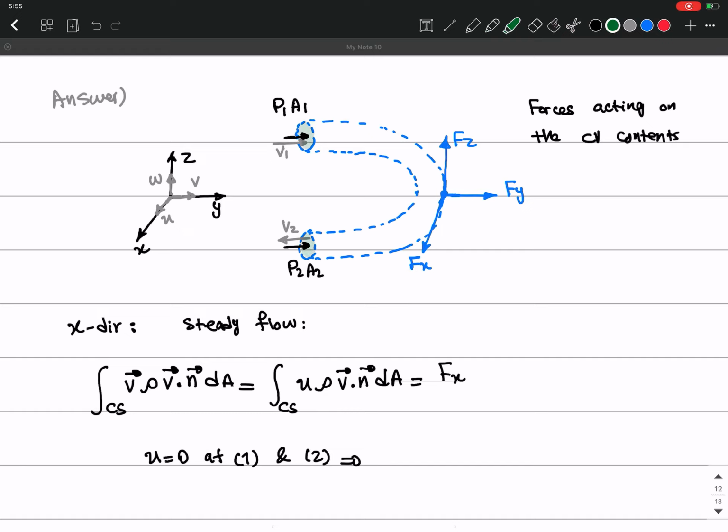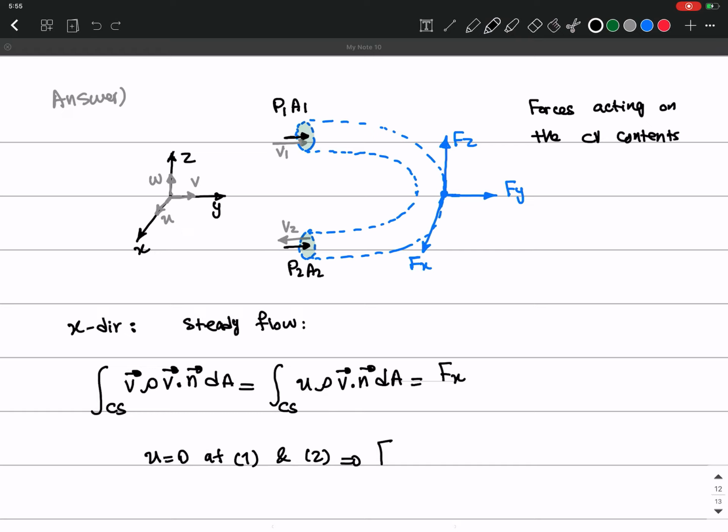But u, which is the velocity in the x direction, is 0 here. We don't have any velocity in this direction, and the whole velocity is in the y direction, correct? So because u is 0, this integral is going to be 0, and so Fx is what?